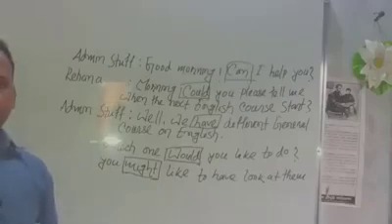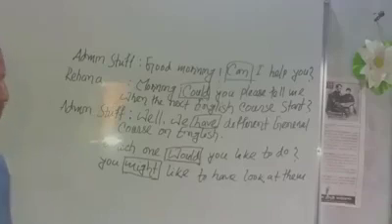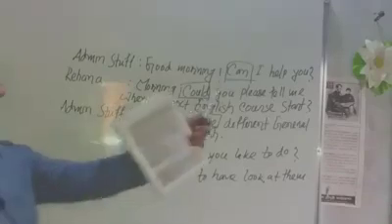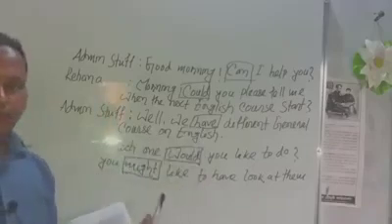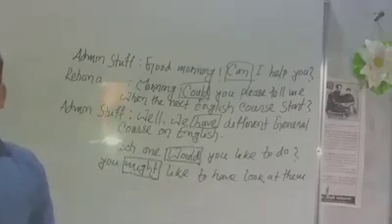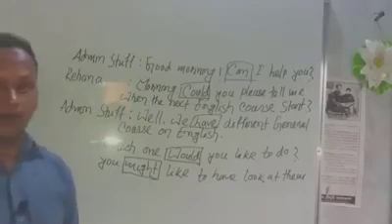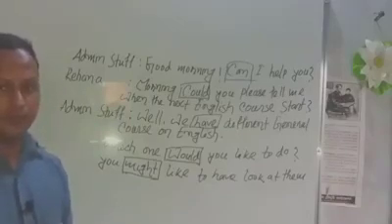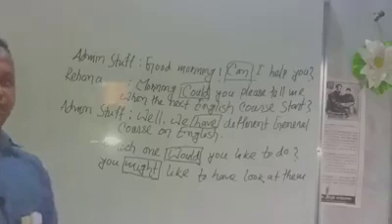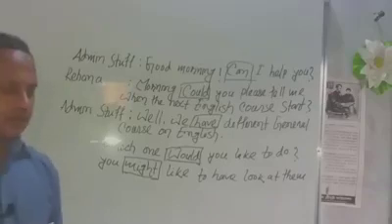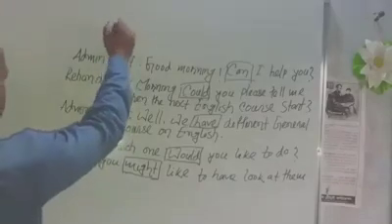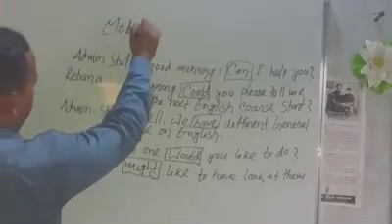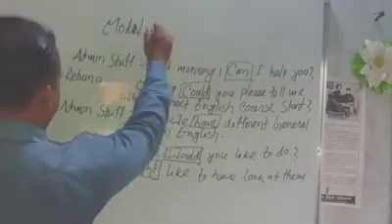Dear student, you have noticed the words can, could, have, would, might. Did you know what the type of these words and verbs is? You guess the verb is modal, modals, auxiliaries.